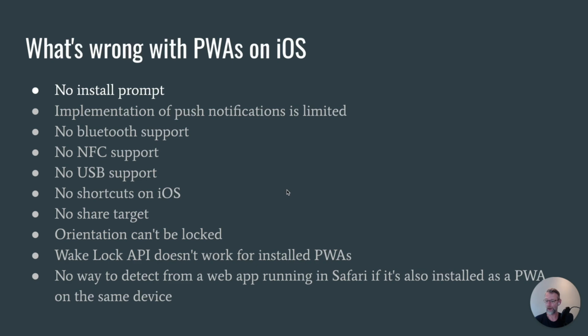But then after the web app has been installed as a PWA on iOS, I would like to hide that button because it doesn't make sense anymore. The PWA was already installed and you don't want people to install it twice. So then I would like to hide that button, but in order to do that, the web app in Safari would need to detect if that same web app has already been installed. This is something that you can do on Android, but on iOS, unfortunately, this is not possible.